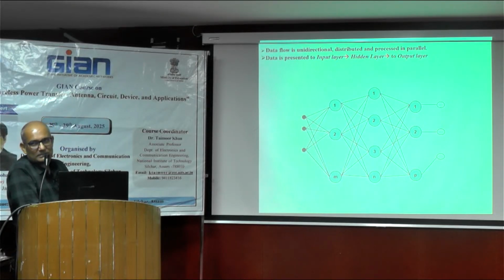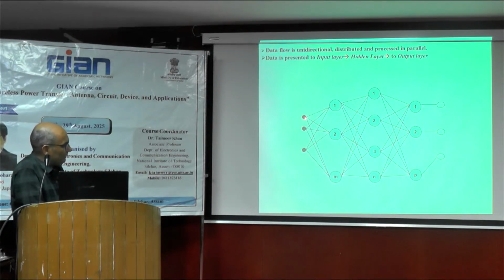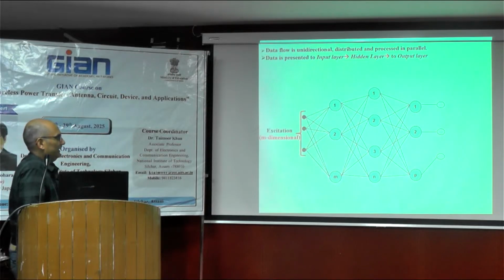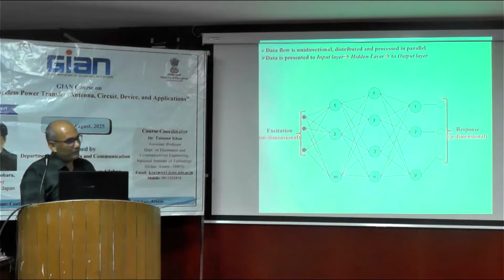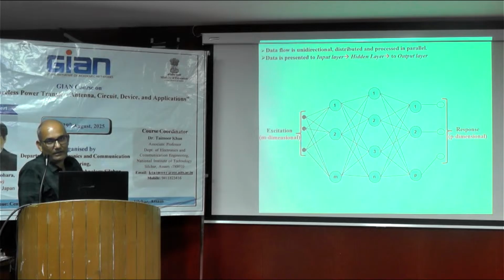It is distributed: the data applied at one neuron will be distributed to all neurons, and all neurons process the incoming data in parallel. That is, we apply m dimensional excitation to predict the p dimensional response, because the dimensionality of the output layer will be the same as the dimensionality of the predicted response.